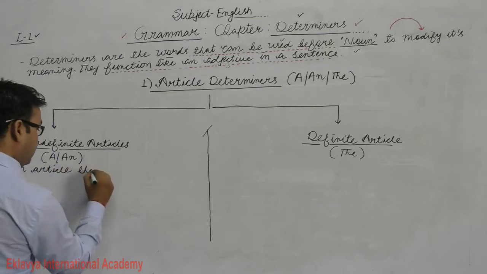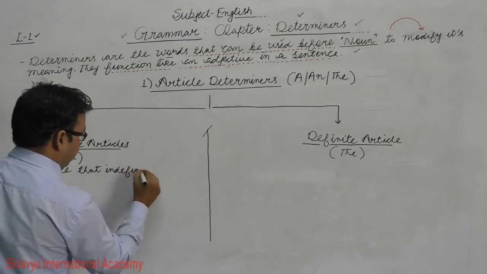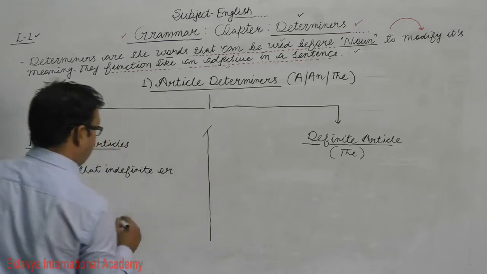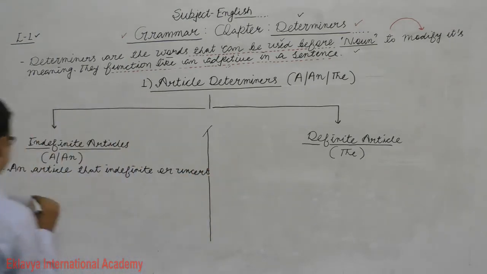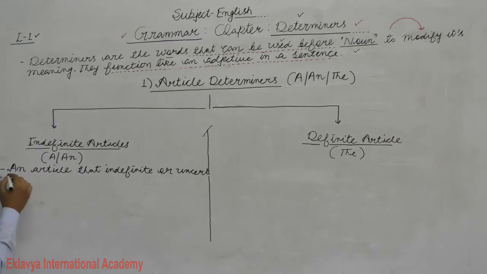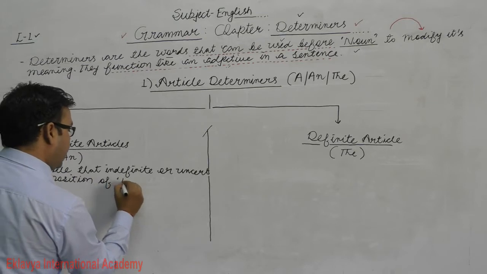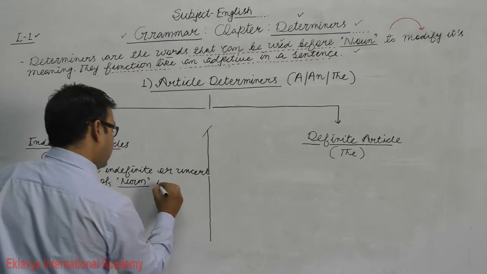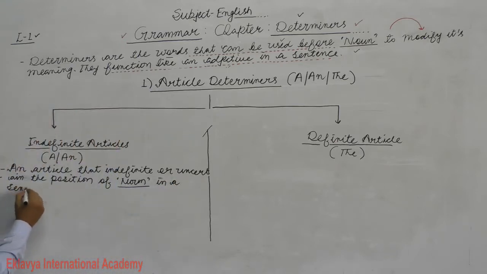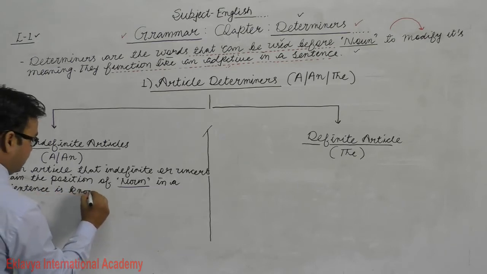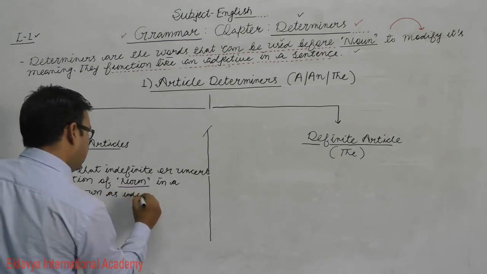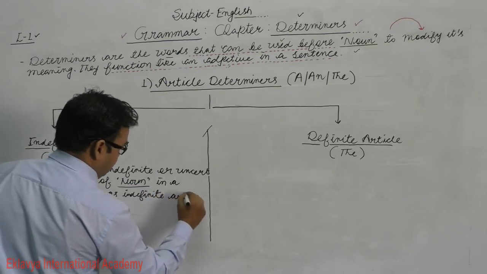An article that indefinite or uncertain the position of noun in a sentence is known as indefinite article.